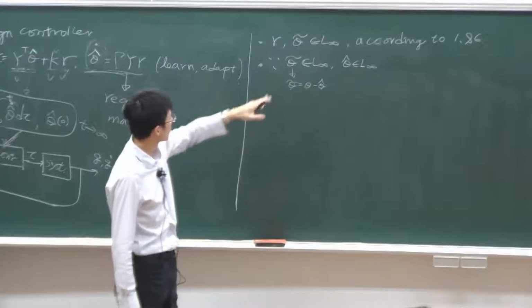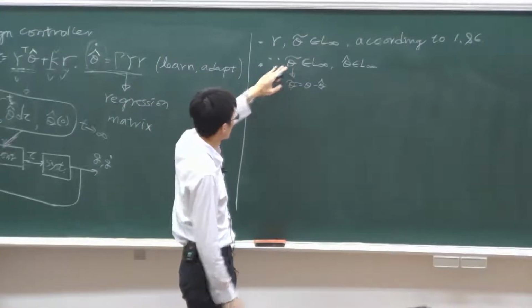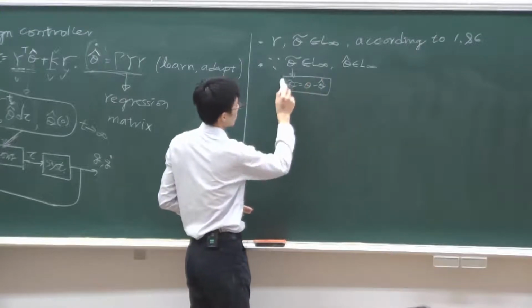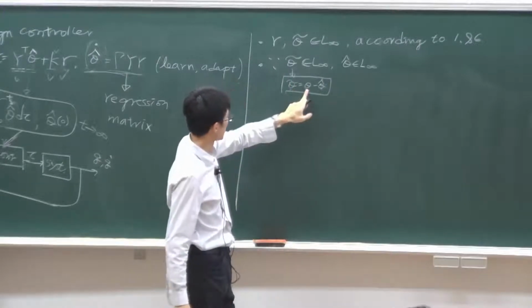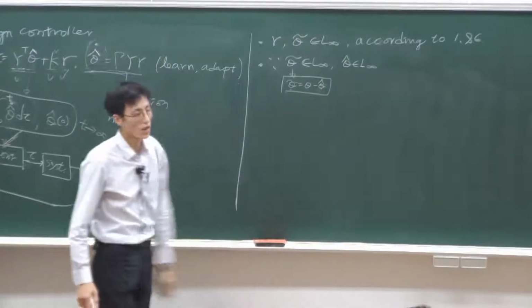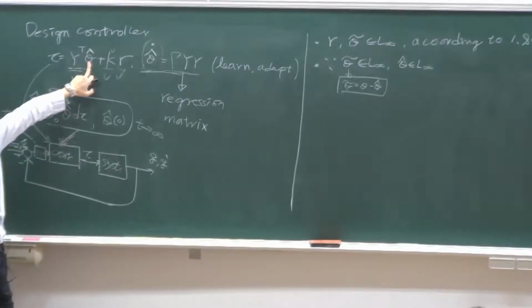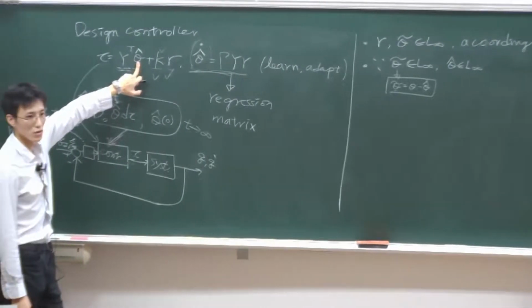And because theta tilde is bounded, and from the definition of theta tilde, this is constant, this has to be bounded. So now it's proven to be bounded, and you don't need to worry about the control output.